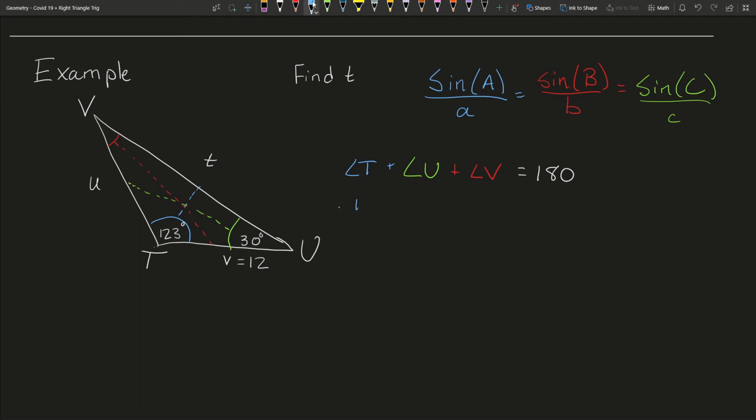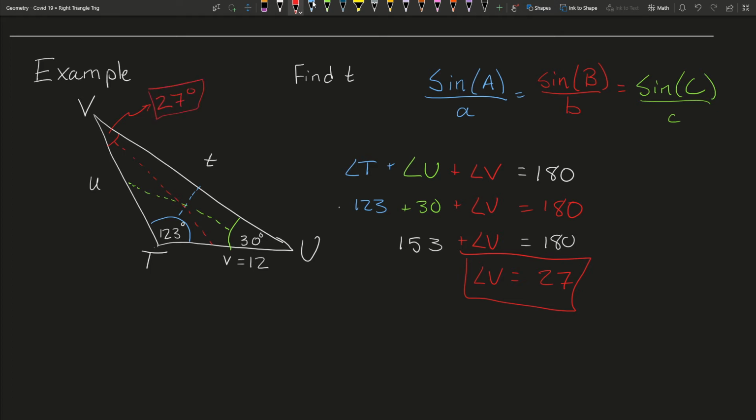So 123 plus 30 plus angle V is equal to 180, and then we can solve for angle V. That's a pretty basic step, but are there any questions about what I just did?